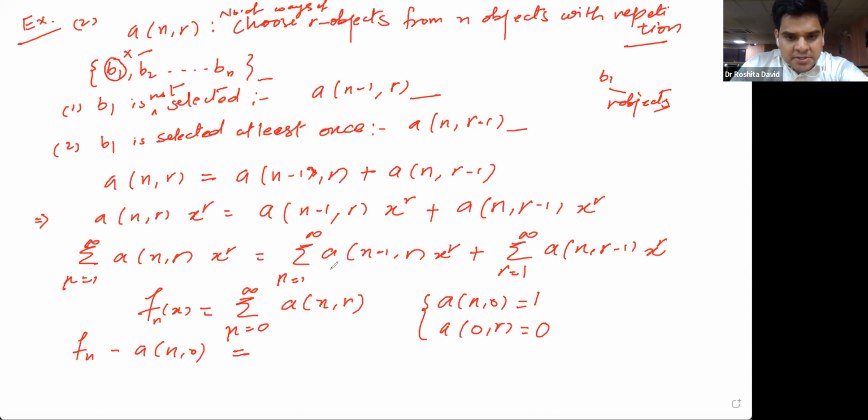Okay, a0r is present, r is varying right now. Sorry, a n minus 1 1. We are starting from a n minus 1 1 here.